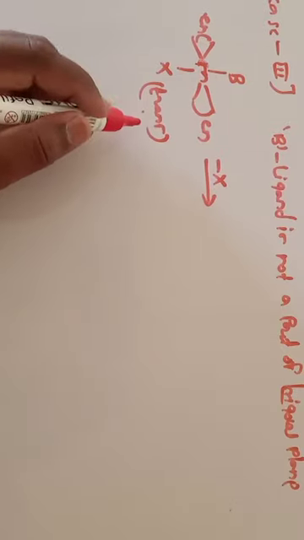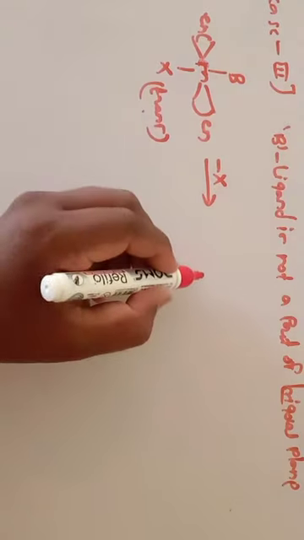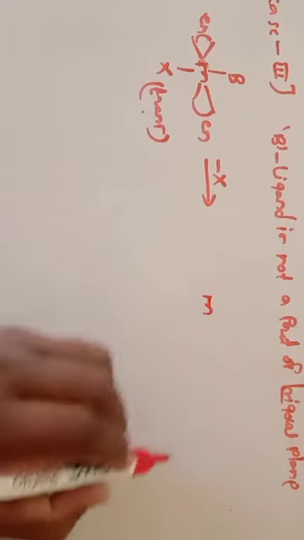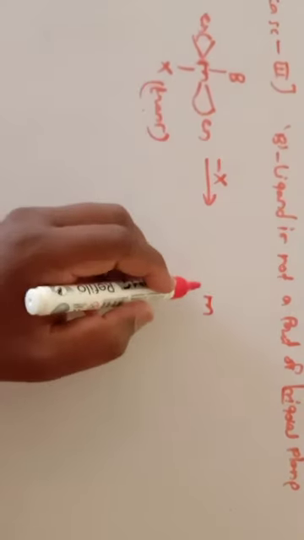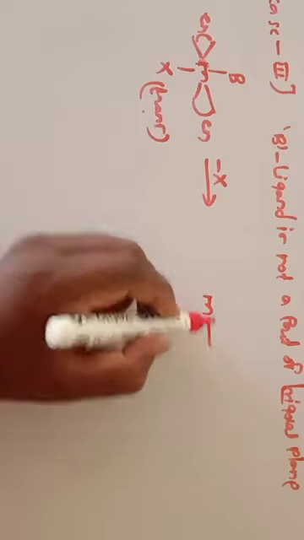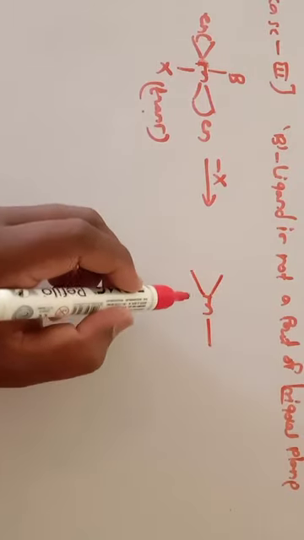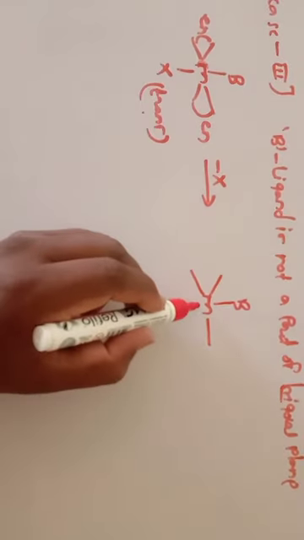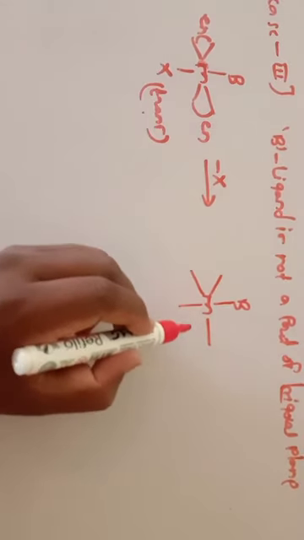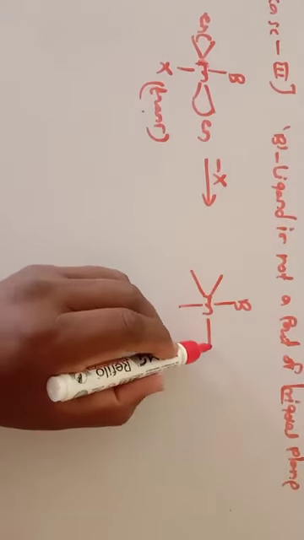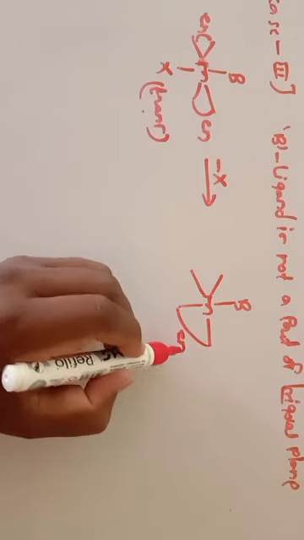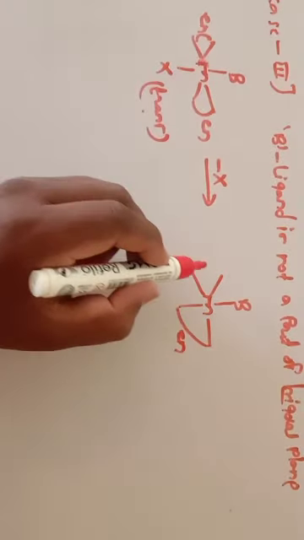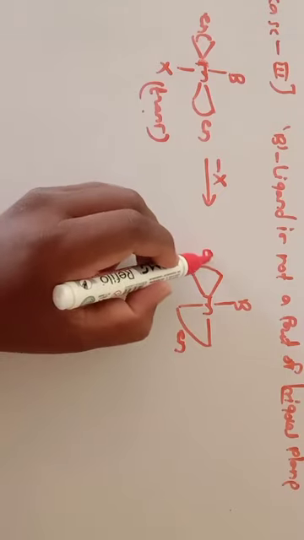We get the intermediate like this, this is your metal. This is your trigonal plane, and this is your b ligand. After dissociation, we get this, this is your en, and this is also your en.